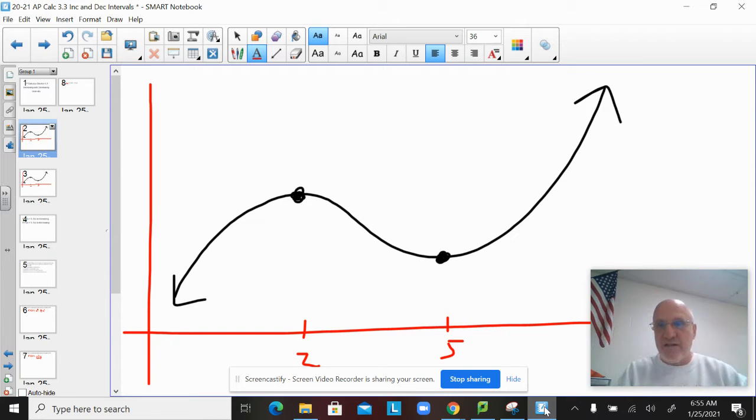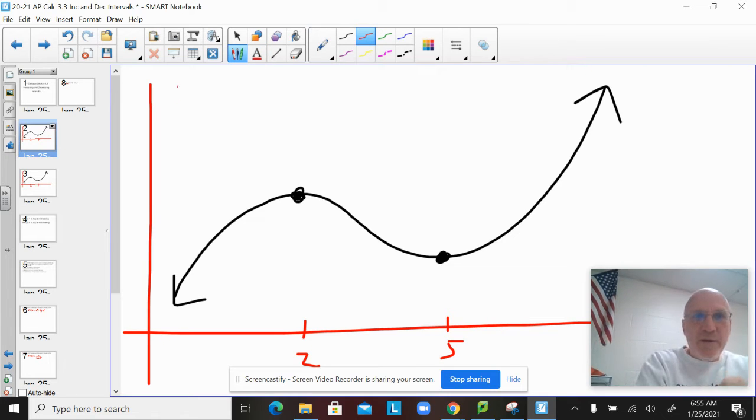If you were given this function last year and you were told, find the intervals on which the function is increasing or decreasing, as long as we have the x values of the maximum and minimum, which I gave you here, the 2 and the 5, you could certainly say, based on this picture, this function is increasing on the interval from -infinity up to 2.